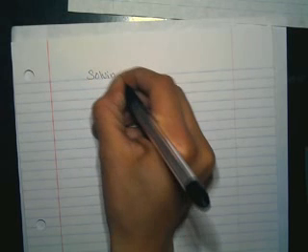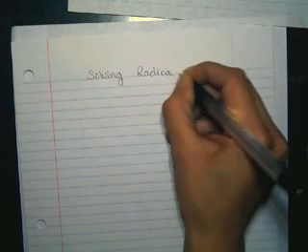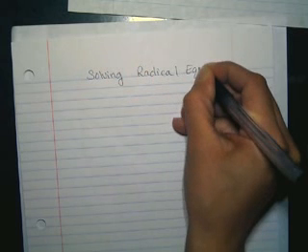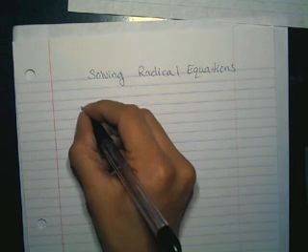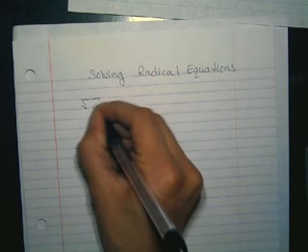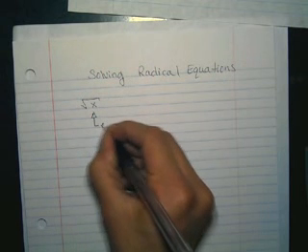Okay, so today we're going to do solving radical equations. And just so you know the difference, and you guys probably already know this, but this would be a radical expression because there's no equal sign.